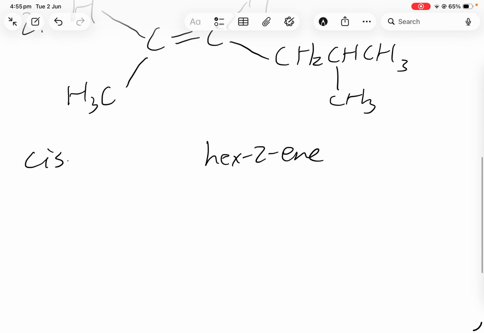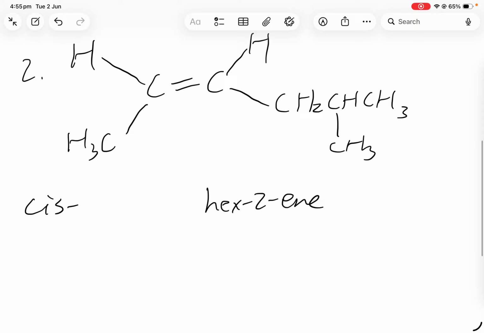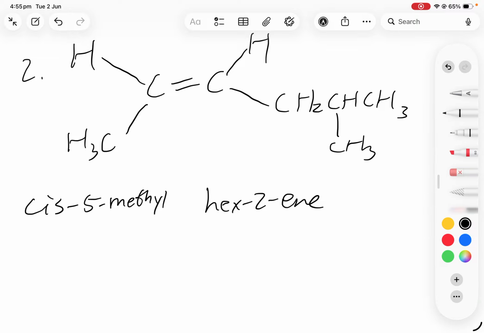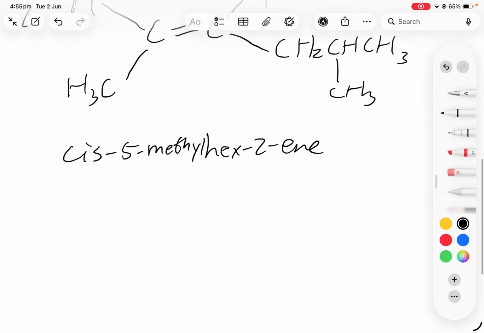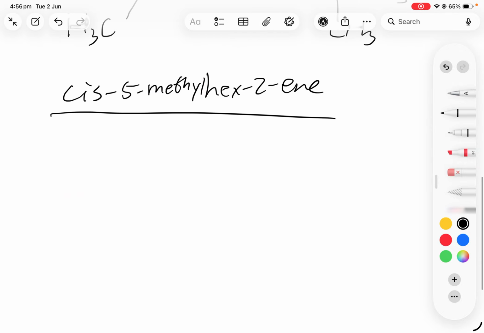So it's cis, 1 2 3 4 5 methyl hexane. Yeah, that's it. But then we do have to write it together, because that's how Australian way works. So that's the name.